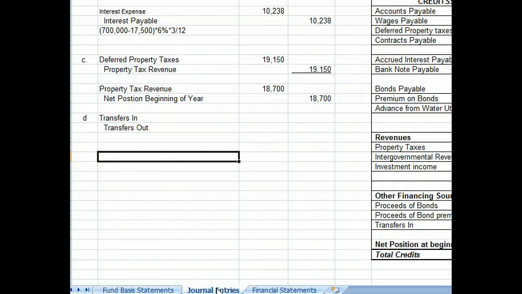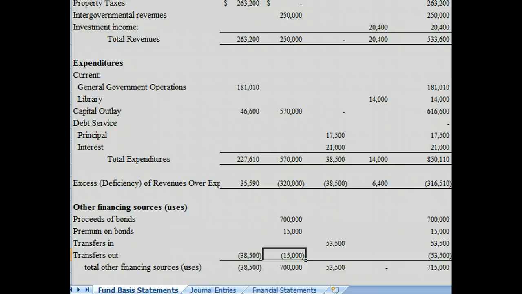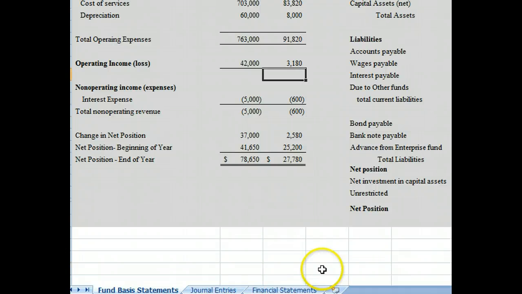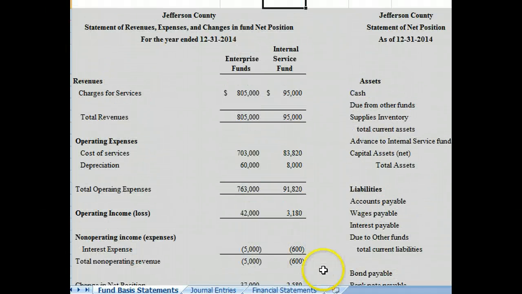And then in E, what we're going to be doing is bringing in the information on the internal service fund. If you go to the fund basis financial statements, you have to go way at the bottom. A little too far. You'll notice right here the statement of revenues and expenditures for the enterprise fund and the internal fund.